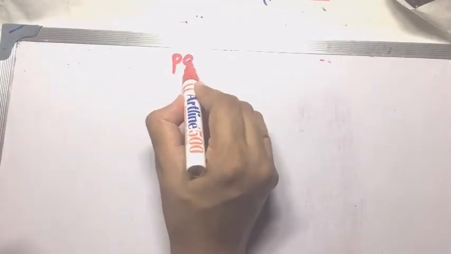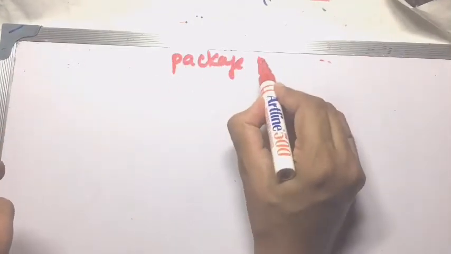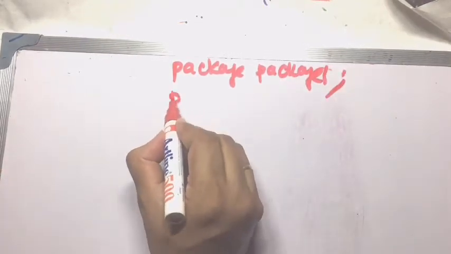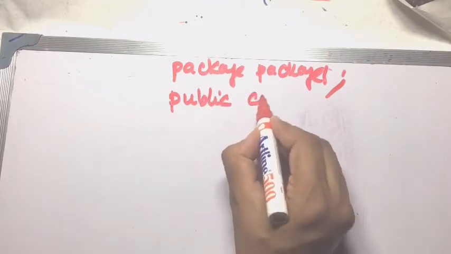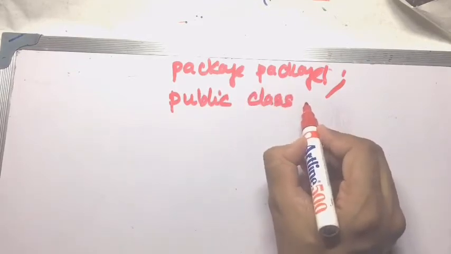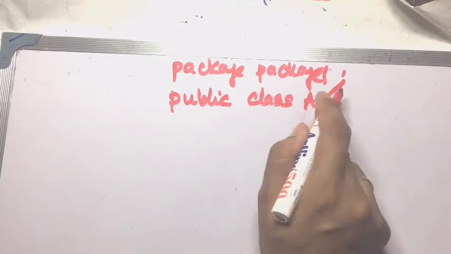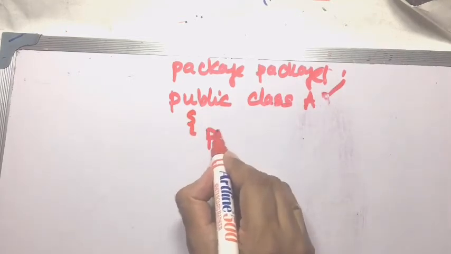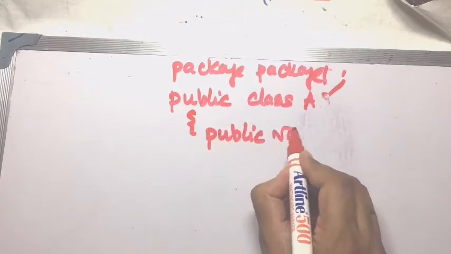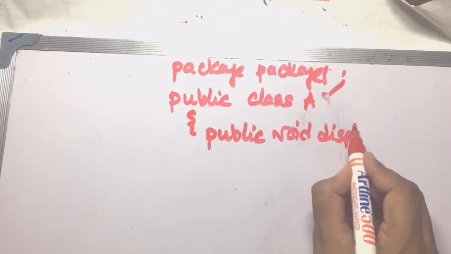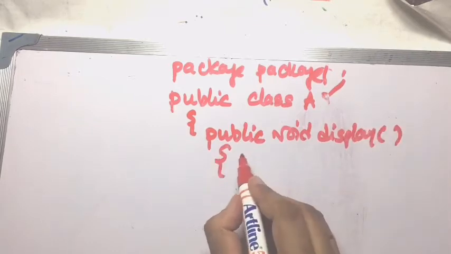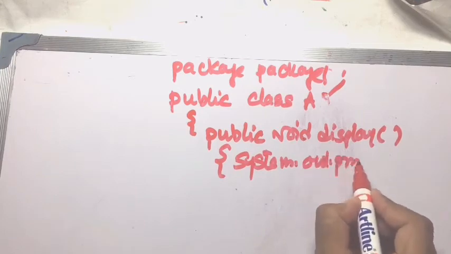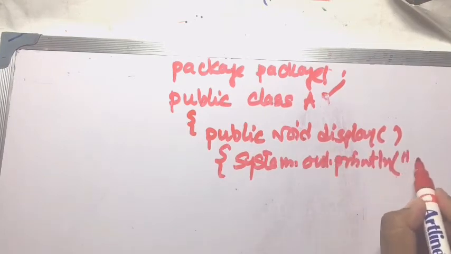For example, suppose there is a package named package 1, with a public class, suppose the class name is A, and within the class there is a public void display. Suppose one method is public void display, and the message is System.out.println, display suppose hi.